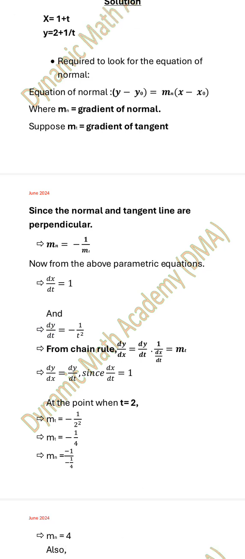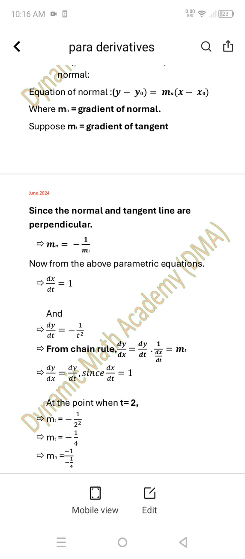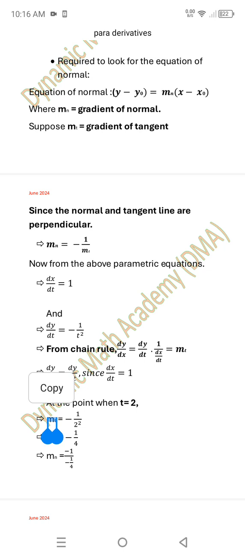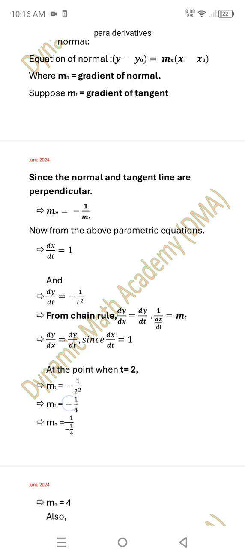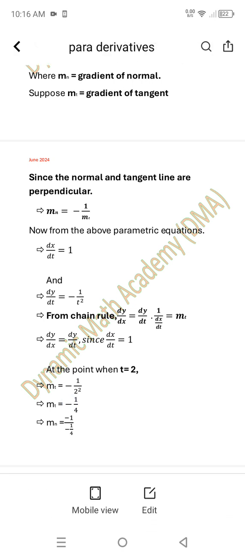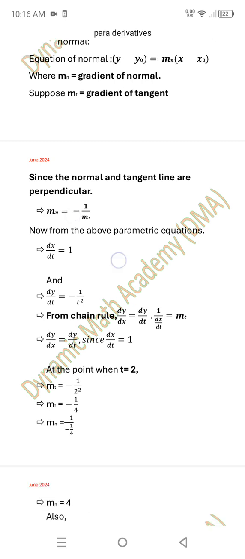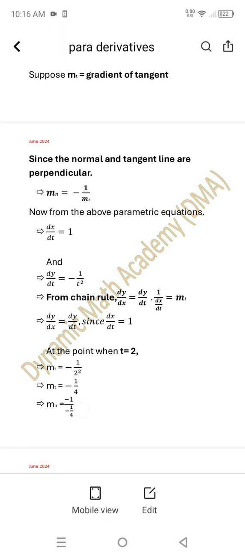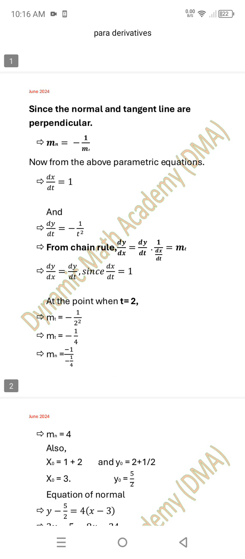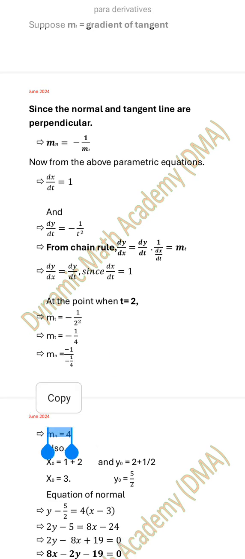So mt will be equal to negative 1 quarter. Now mn was negative 1 over mt. So mn will be equal to negative 1 divided by negative 1 quarter. From there, mn will be equal to 4.